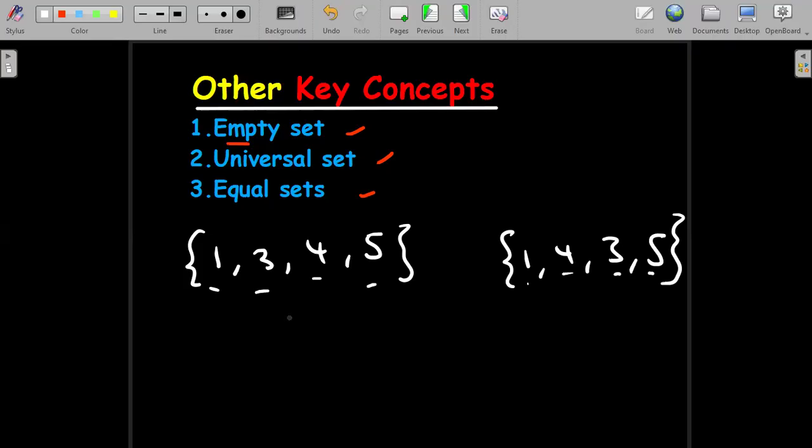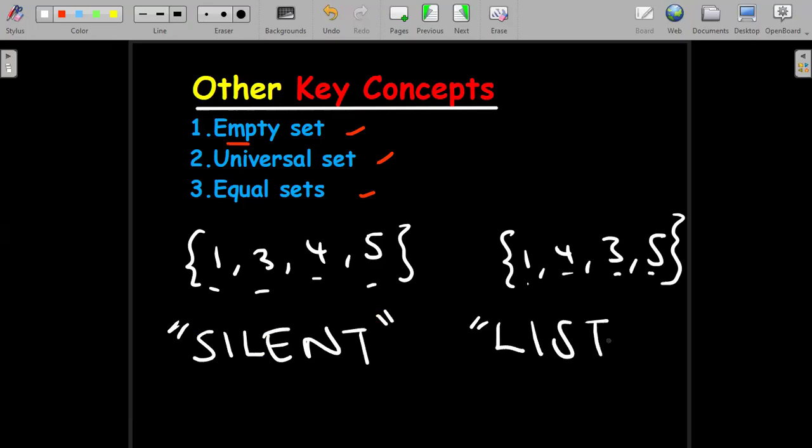Even when we have a set containing letters, say the letters of "silent", and I have another set containing the letters of "listen", these are equal sets because they have the exact same elements.